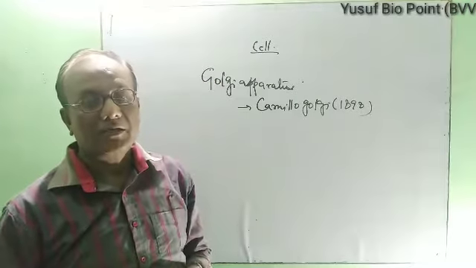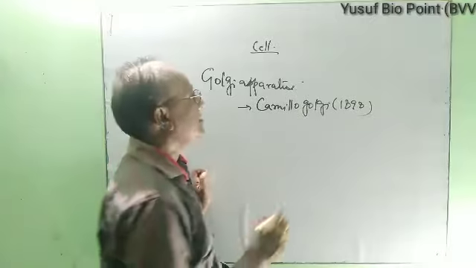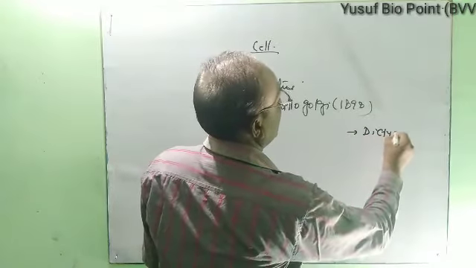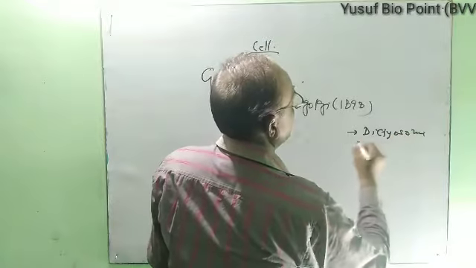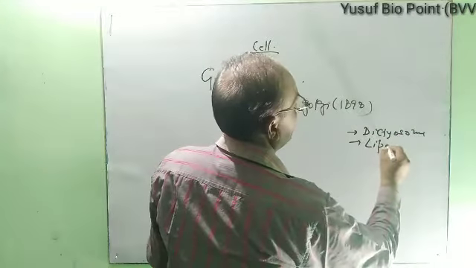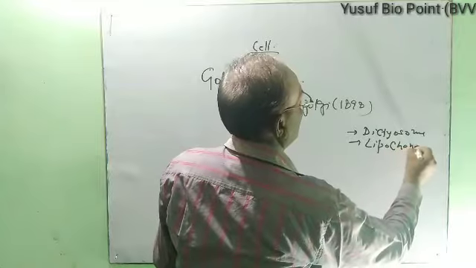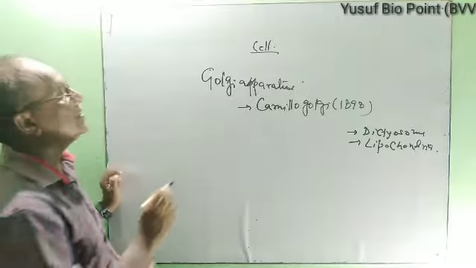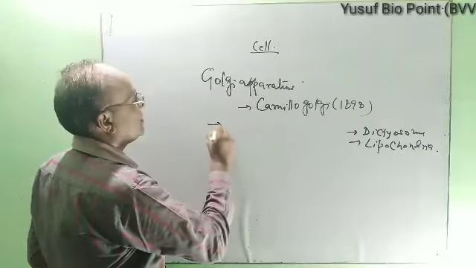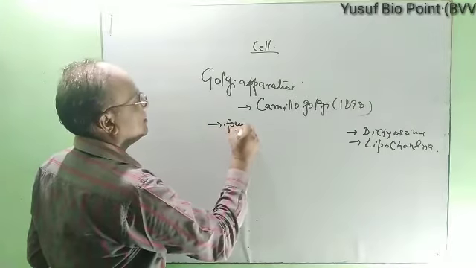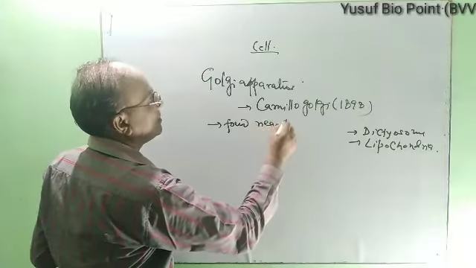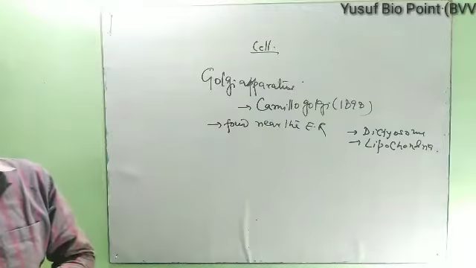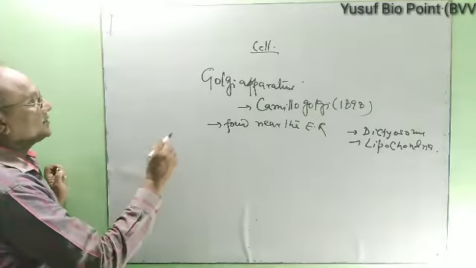Understand? In plants it is also known as dictyosome. It is also called lipochondria, and it is found near the endoplasmic reticulum. It has structures like that.